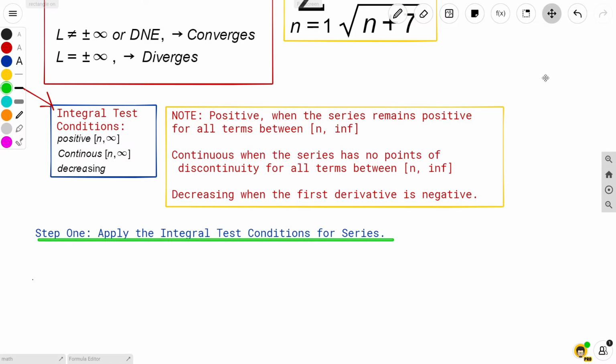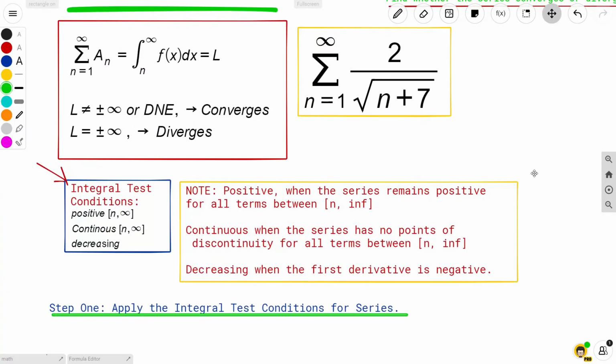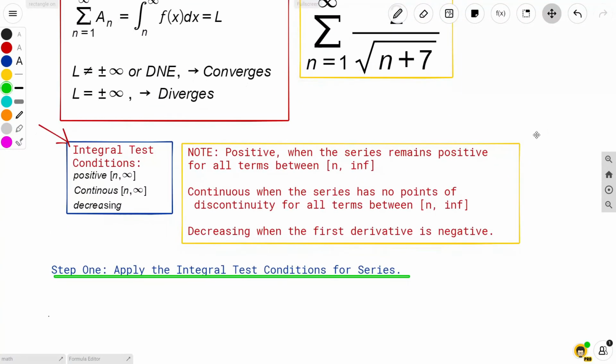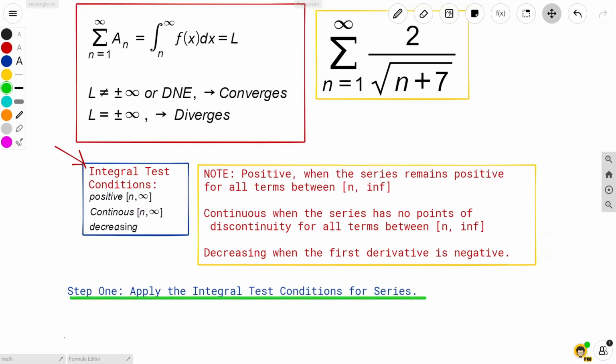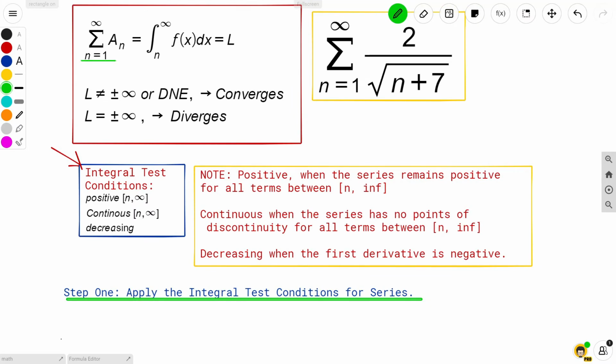In this case, the series is 2 divided by the square root of n plus 7. We know n starts at 1 according to here. From 1, the only points where this would be negative would be anything below negative 7.